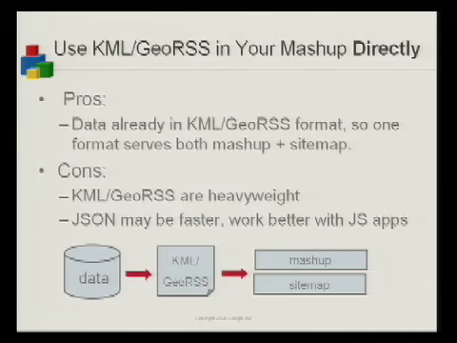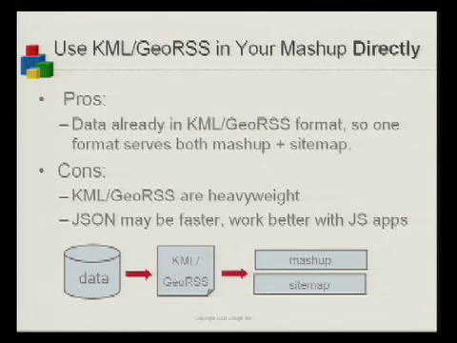Going over using KML and GeoRSS in your mashup directly, the advantages are that the data is already there, and the format serves well for both your mashup and your sitemaps. The cons are it can be a little heavyweight to load a whole KML or GeoRSS into your maps browser.